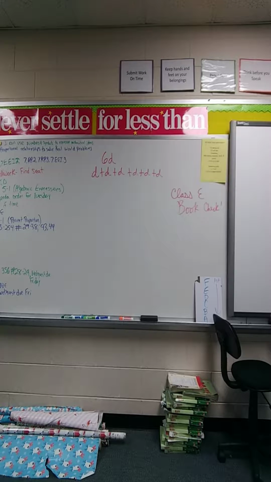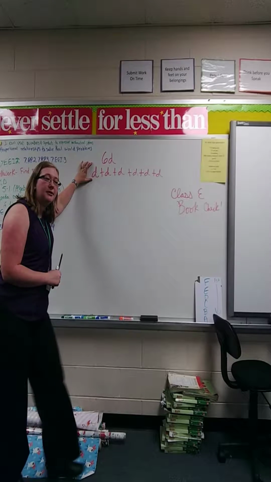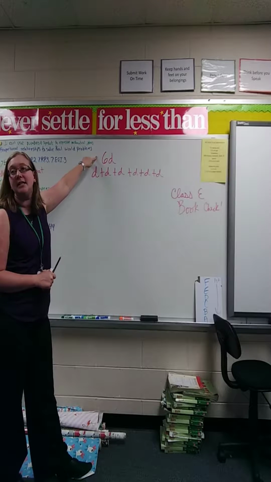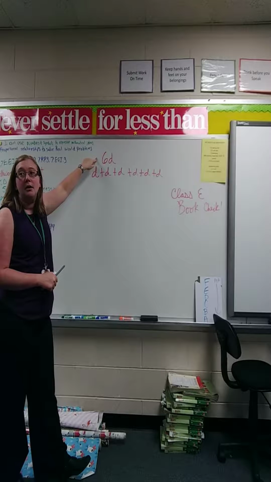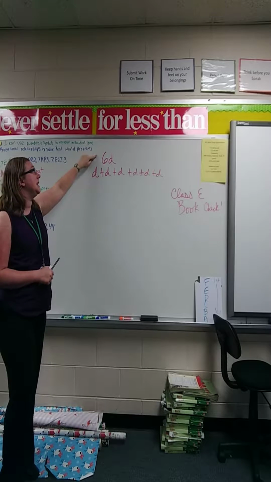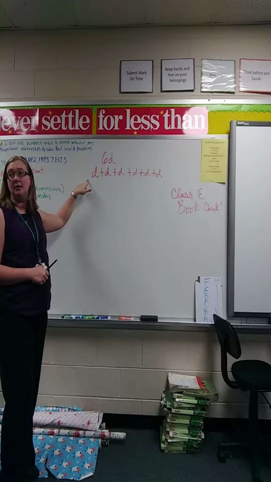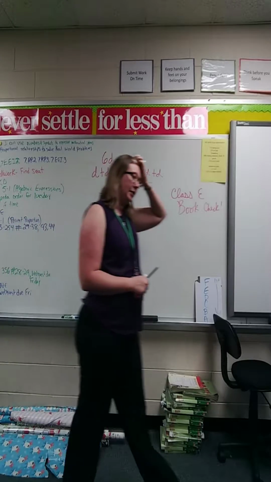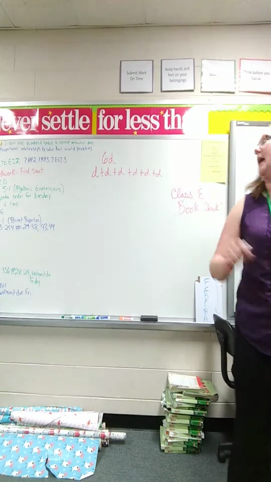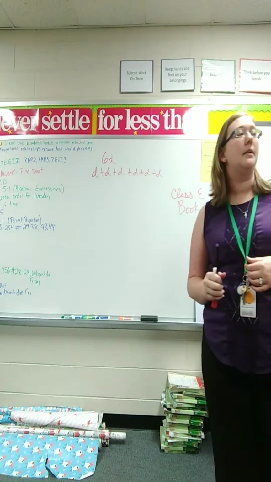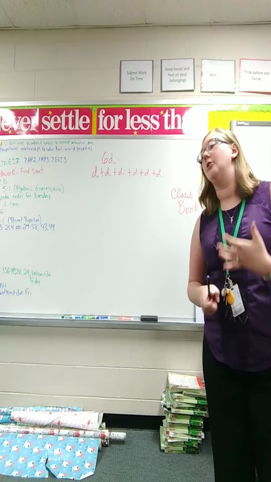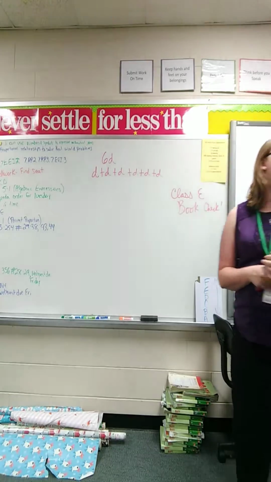I can combine all of my D's and simplify it into 6D, because this is a lot easier. I would much rather write this than this, correct? Absolutely. And that 6D is called a term. It has our variable, the letter D, and the coefficient, or number, of 6.